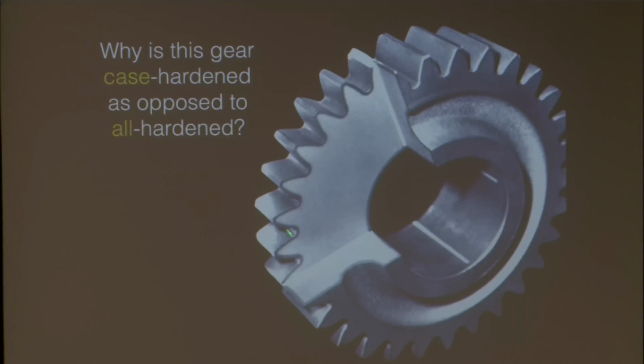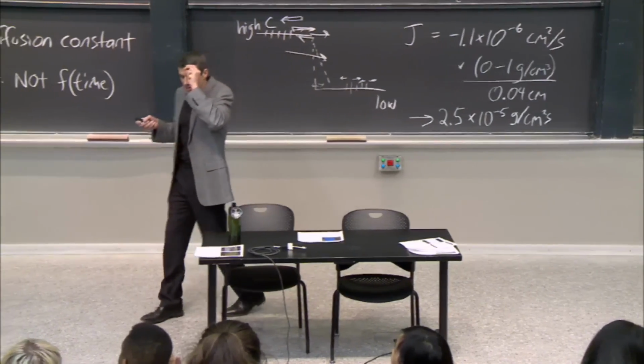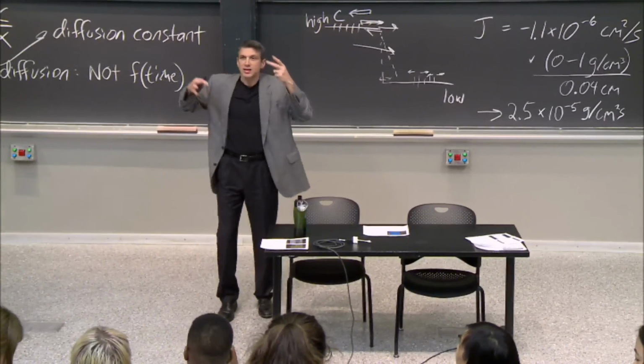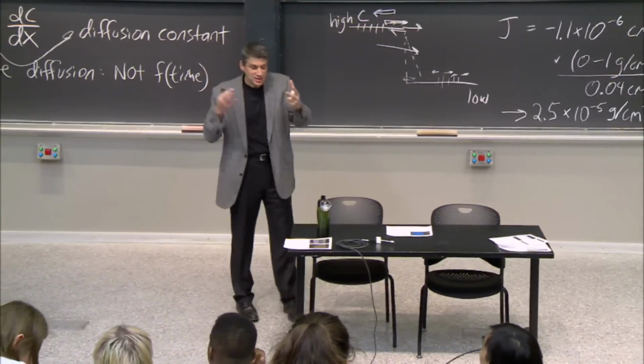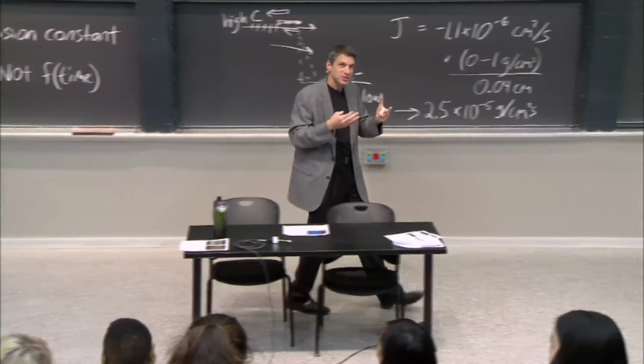So what you do is you very, very delicately expose this piece of iron to carbon. You harden it, but just on the outside. Now, how does the carbon get in? Diffusion. It gets into the material through diffusion.